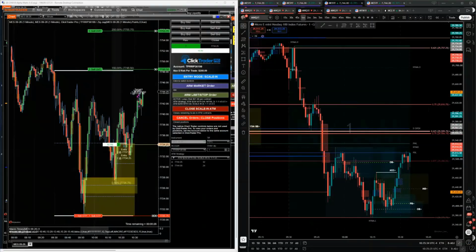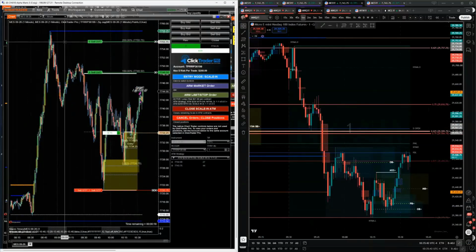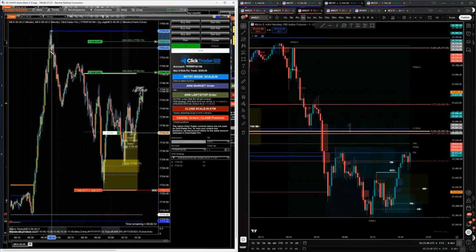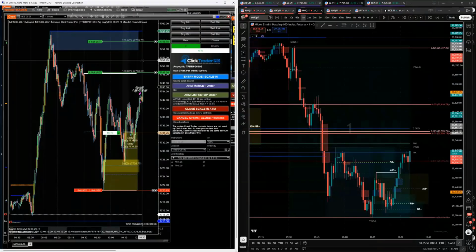Second target is 48.5 and then 55.75, and a third target, which is just inside our original rejection block. So that's perfect.